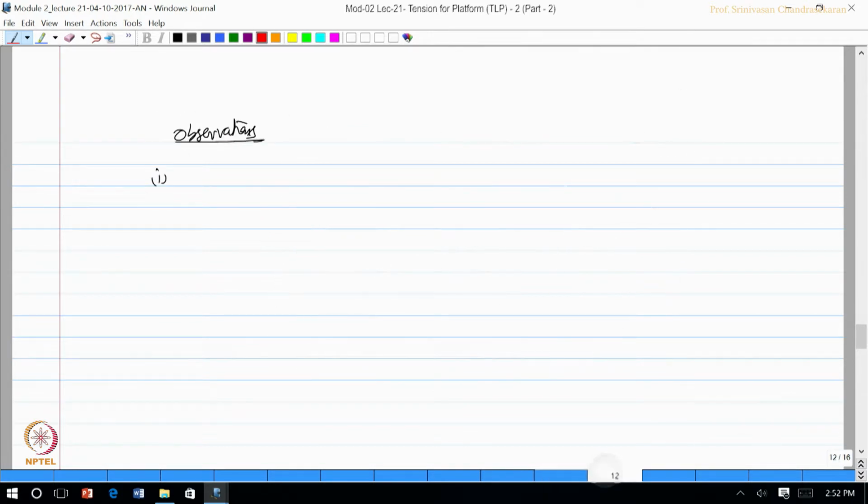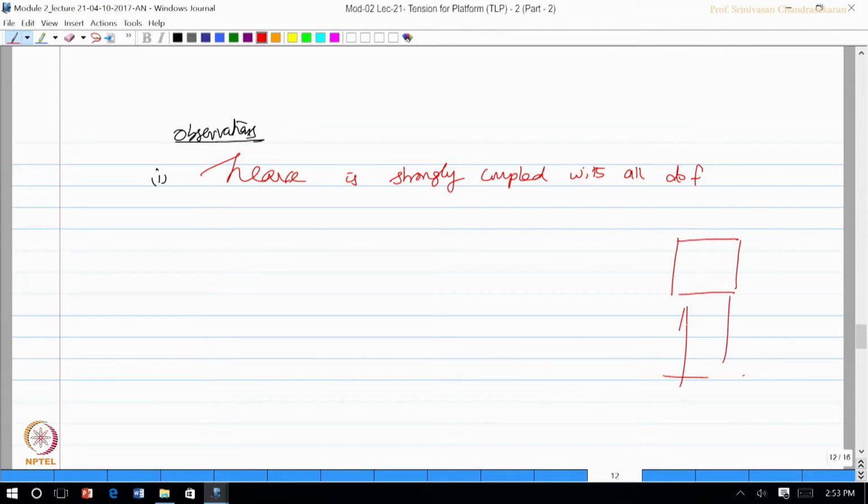It means heave is strongly coupled with all degrees of freedom. You take a box which is floating, give a heave displacement, it will influence surge, influence sway, everything. So, heave has got a strong coupling.